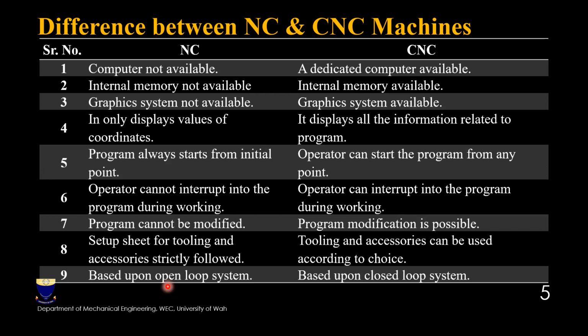But in a closed loop system, once you feed the program to the machine, the machine will check the loop, and after checking, the machine will tell you whether the loop is complete or incomplete. If there is any hindrance in the completion of the loop, or any fault, the machine will tell you accordingly. So you can modify the program before you run the machine. So basically, feedback is provided in a closed loop system, whereas it is lacking in an open loop system.